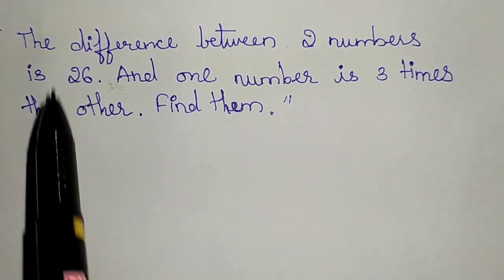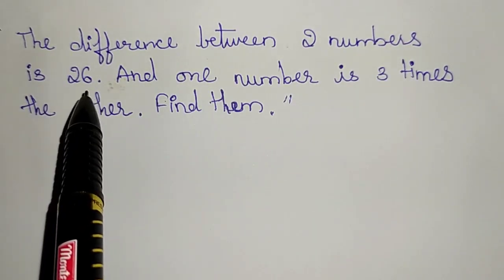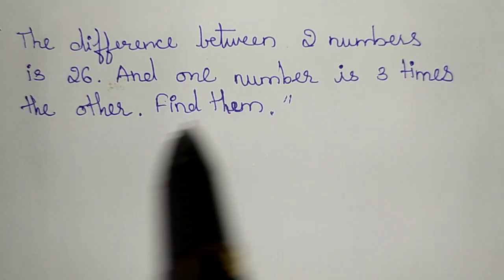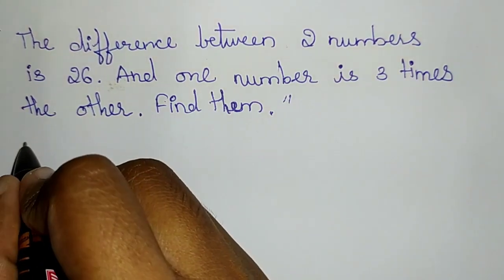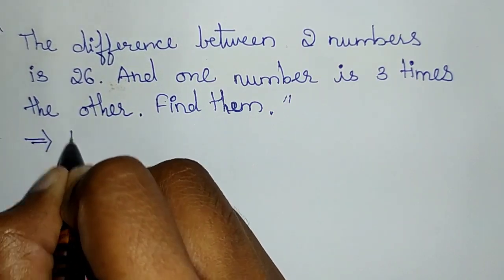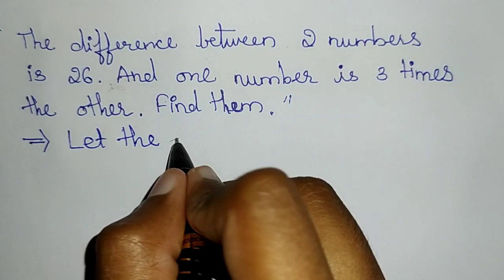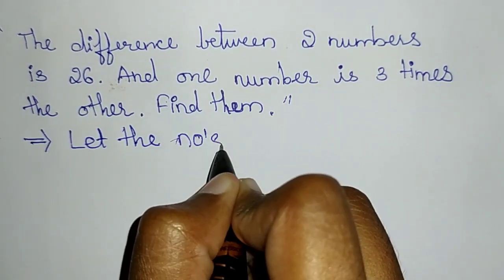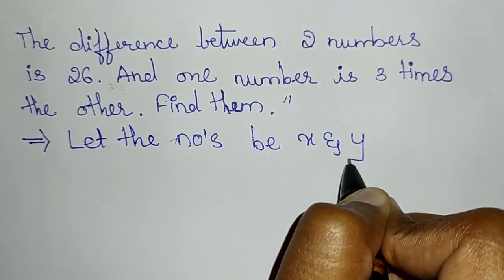So what is given? The difference between two numbers is 26 and one number is 3 times the other. Find them. First let us write: let the numbers be x and y.